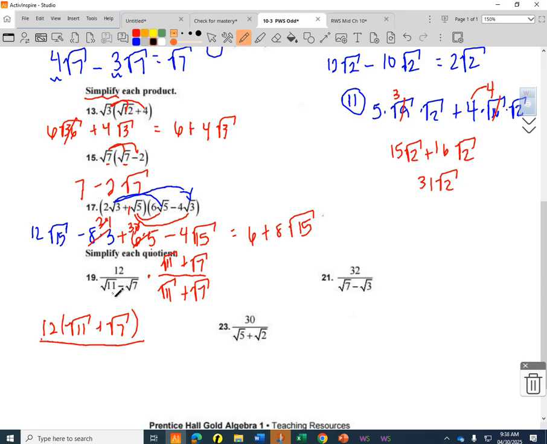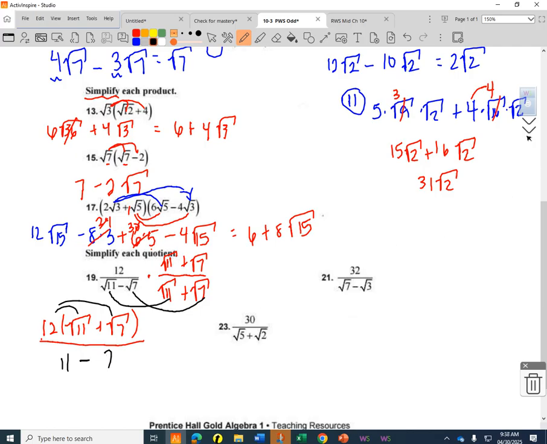It's just, because it's a difference of squares, we multiply the first terms. What's the square root of 11 times the square root of 11? 11. It's always minus. Now we multiply the last two. What's square root of 7 times square root of 7? 7. So now we're going to distribute and simplify this, and now we'll get a final answer.